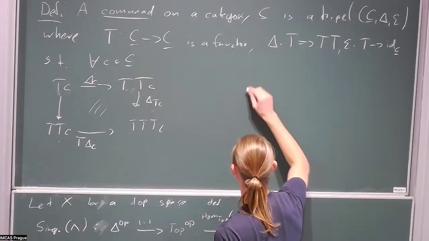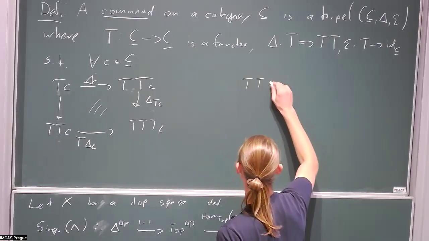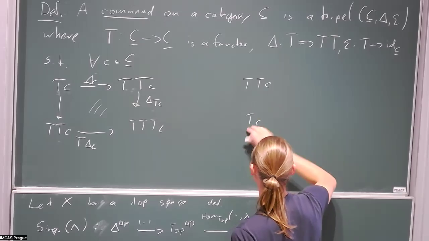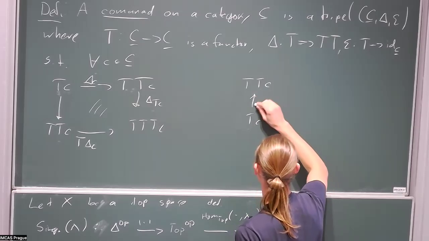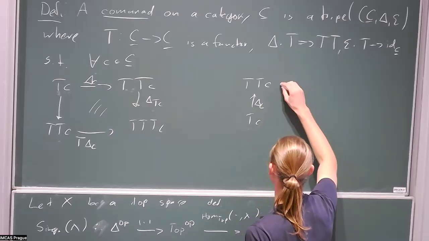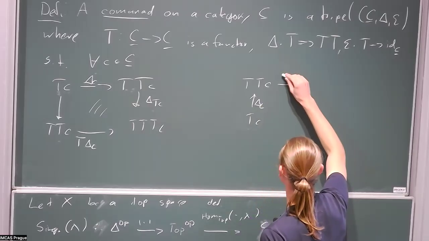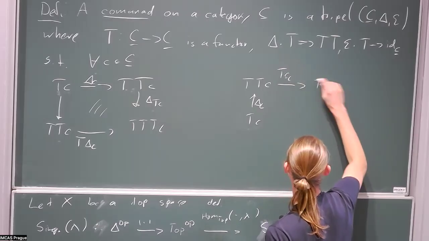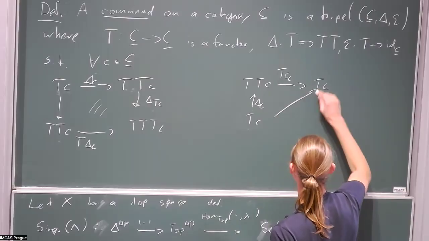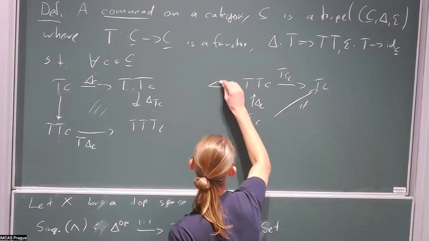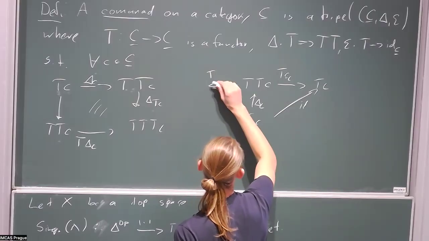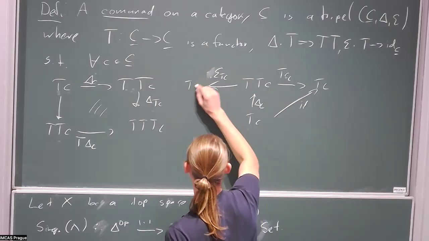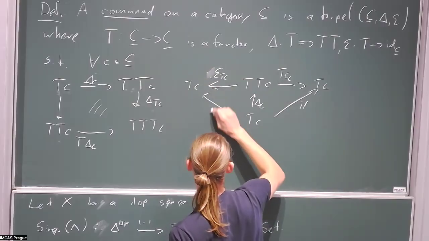And secondly, if I start with TC, do the natural transformation delta, then do T epsilon C, this should give me the identity. And similarly, epsilon applied at the component TC should also give me the identity.